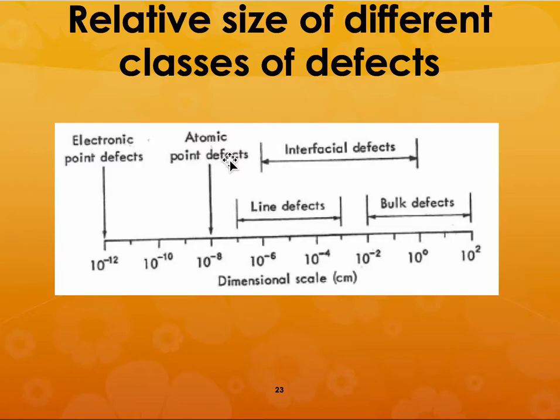You could also have a bulk defect where you might have many groups of atoms that are missing, or there could be some kind of a volume defect. So that would be a bulk defect, and those sizes are much bigger than a single atom and things like that.